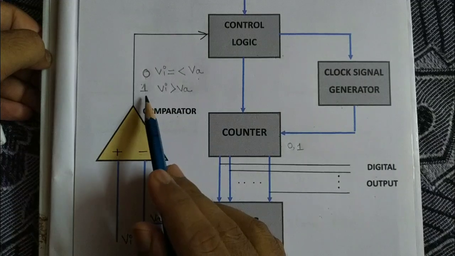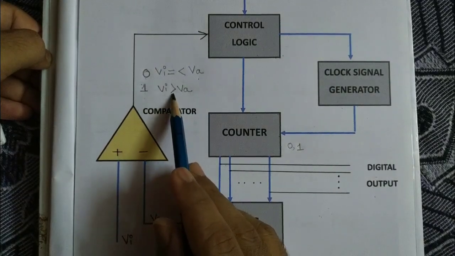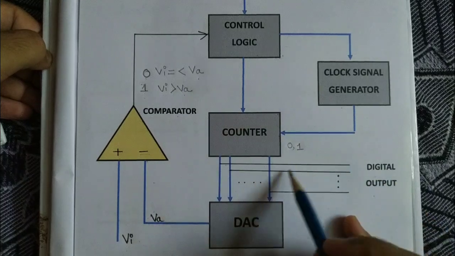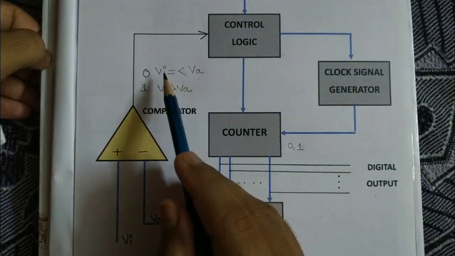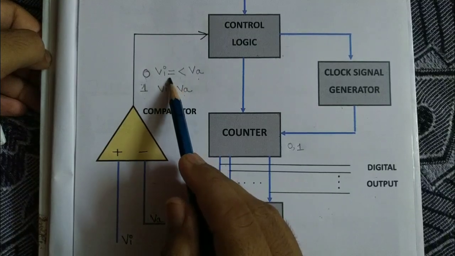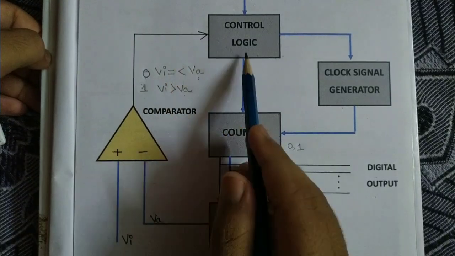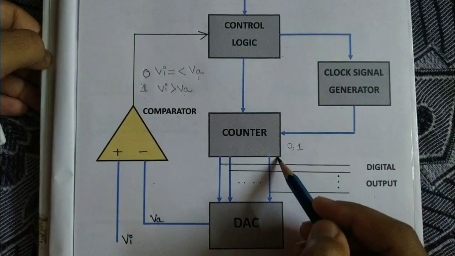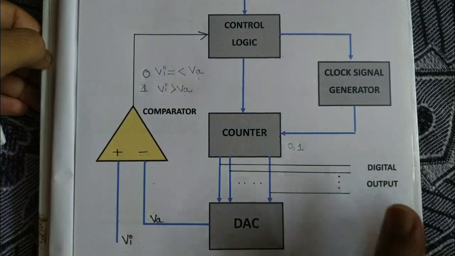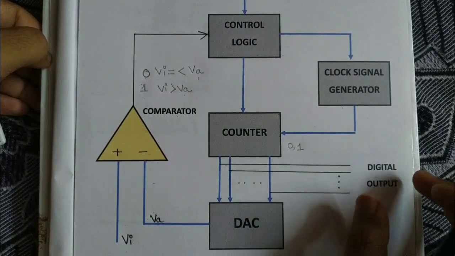Comparator will produce 1 when VI is greater than VA and instruct the control logic to start the operation again. And comparator will produce 0 when VI is less than or equal to VA. It will instruct the control logic to stop the working, and digital output of counter is shown as output in the display. This will be the main output.